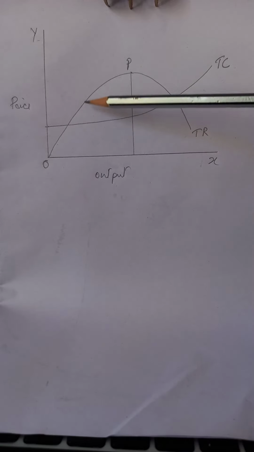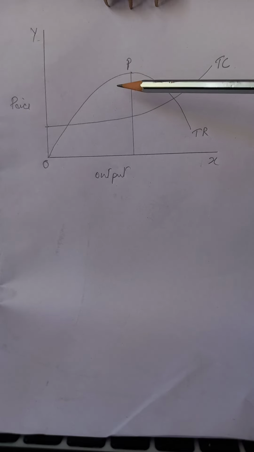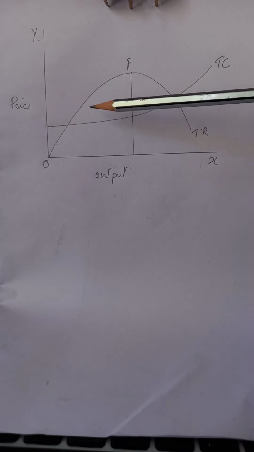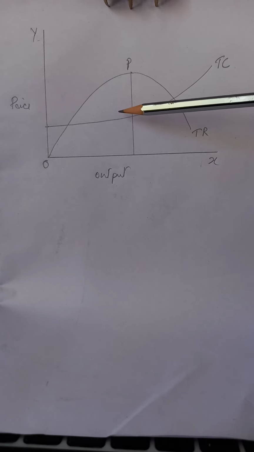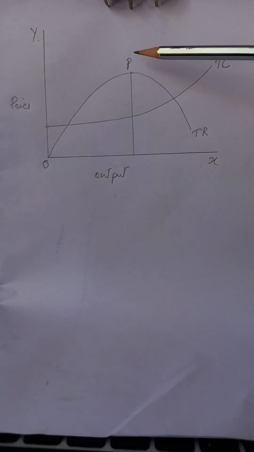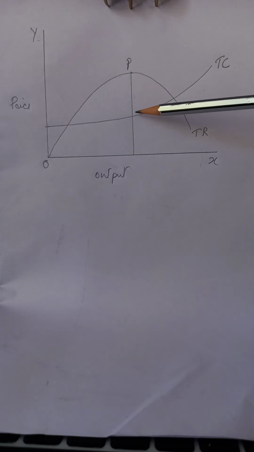If you compare with the earlier positions, the distance between the two is not that great. Yes, it did keep on increasing as you go on, but these particular areas are not a maximum stage. It is only at this point P where the distance between his TC and his TR is the greatest.